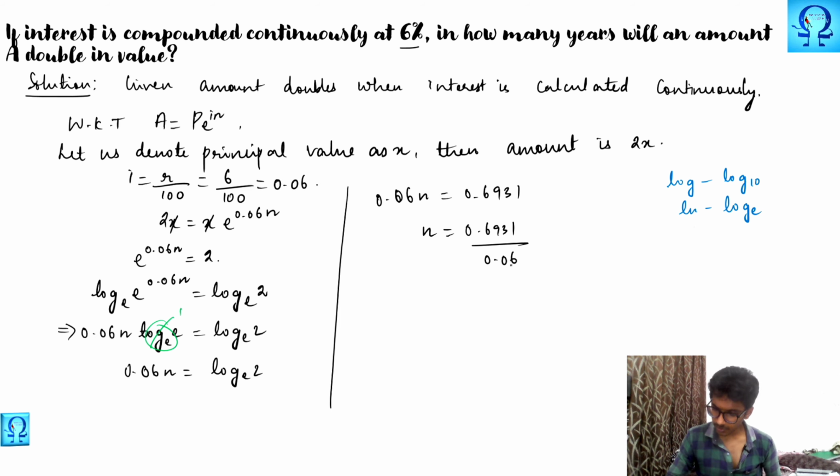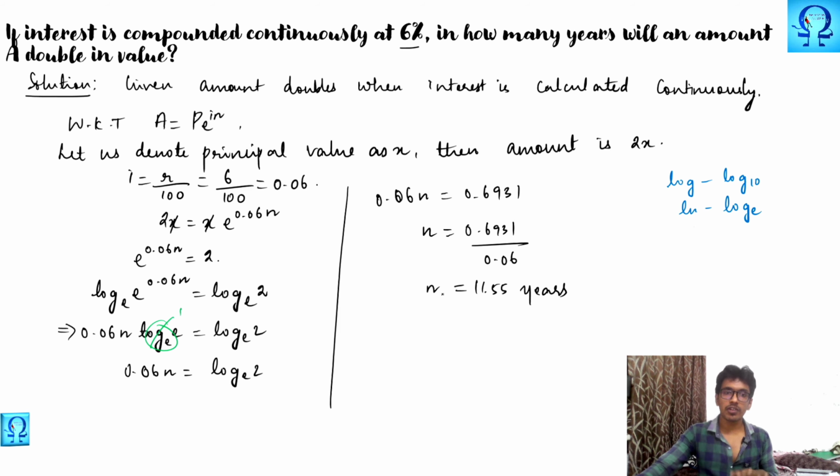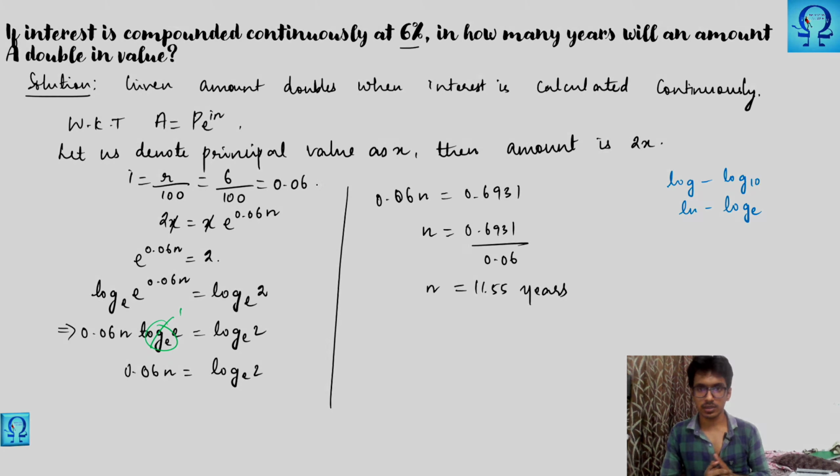When we divide this, we get approximately 11.55. So in 11.55 years, the amount will be doubled when the interest is 6% and is calculated continuously. Thank you.